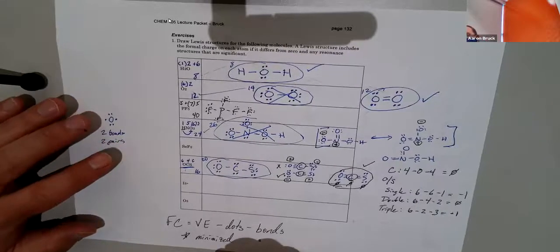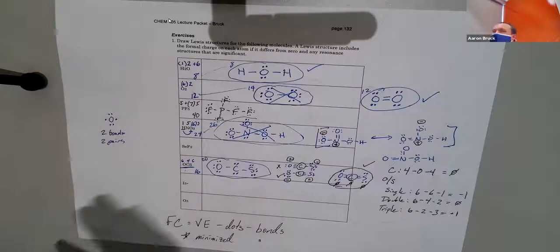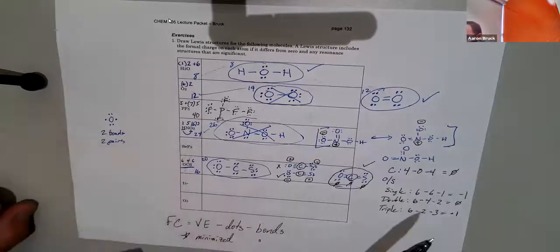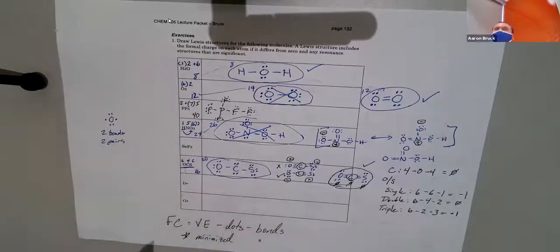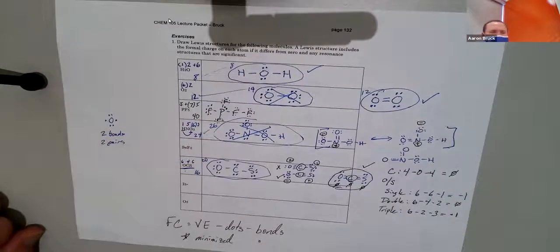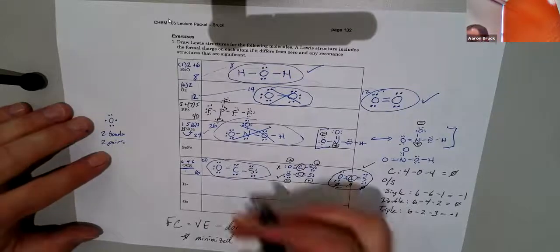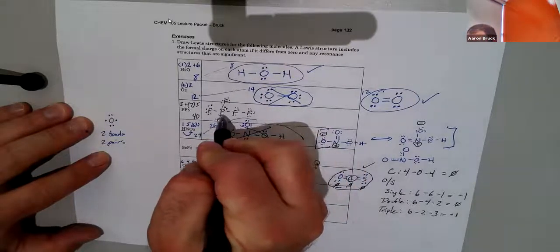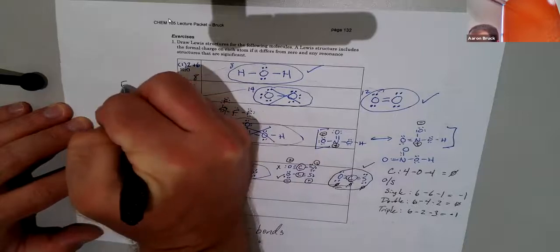So in order to build off of this structure, to get the correct number of electrons, I'm going to have to break the octet rule somewhere. If I follow my guidelines, it would say that I need to have the extra pair of electrons on that center atom. And if I do so, from a formal charge standpoint, I have phosphorus, 5 valence electrons, minus 2 dots and 4 bonds.